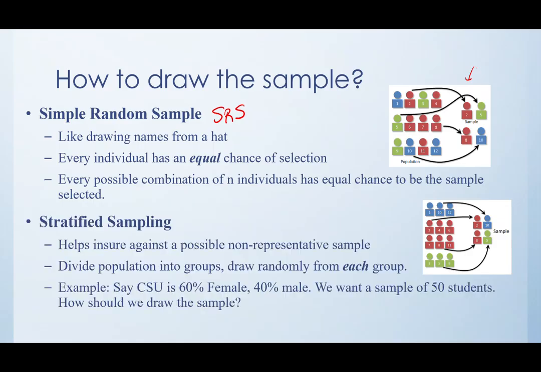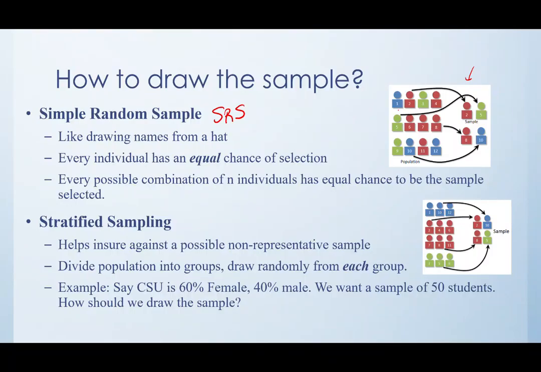Then another common one is what's called stratified random samples, or stratified sampling. This is like going one more level of complexity than a simple random sample. It helps ensure against possible non-representative samples, because every once in a while with a simple random sample, you might get a sample that's not that representative. Looking here, we've got 6 reds, 3 greens, and 3 blue people.